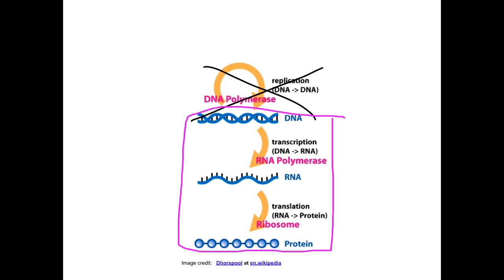In order for this to happen correctly, a lot of proteins have to be in the same place at the same time, working together. Once that RNA has been made, 3 nucleotide chunks are going to specify individual amino acids in the protein, and this is all put together by the ribosome.